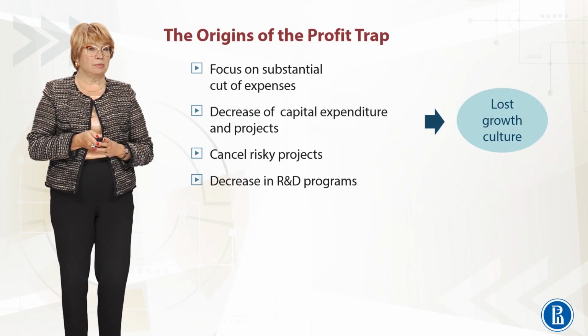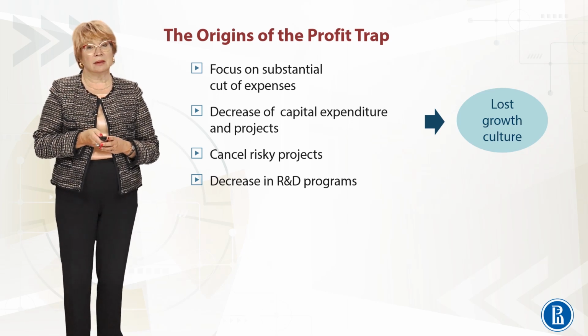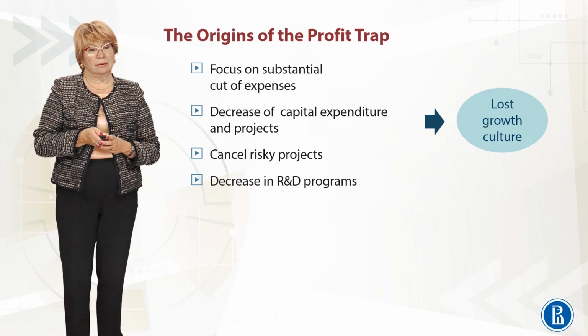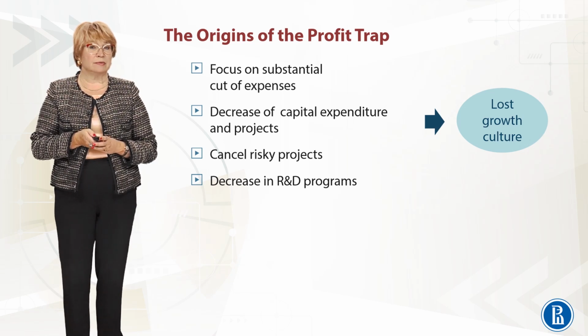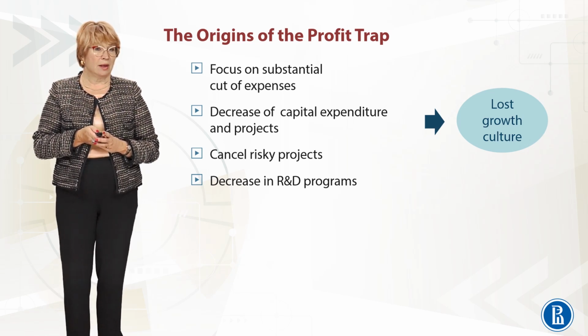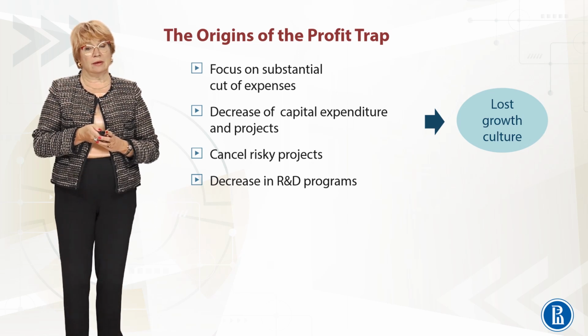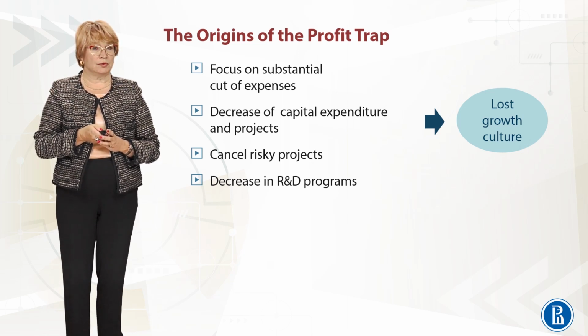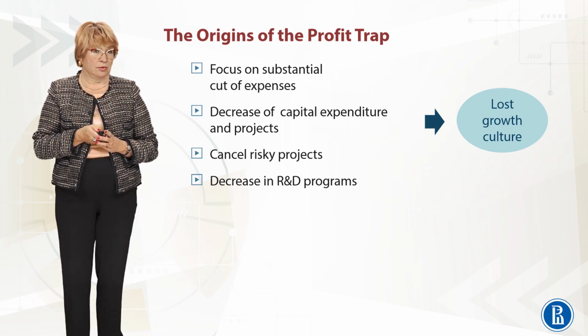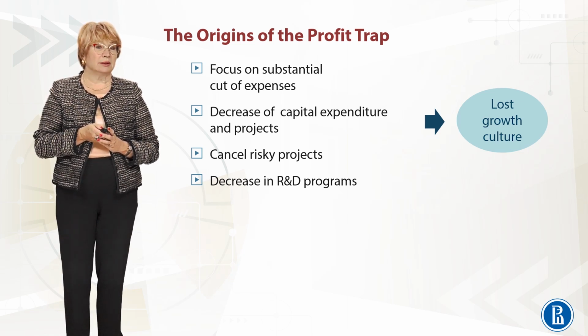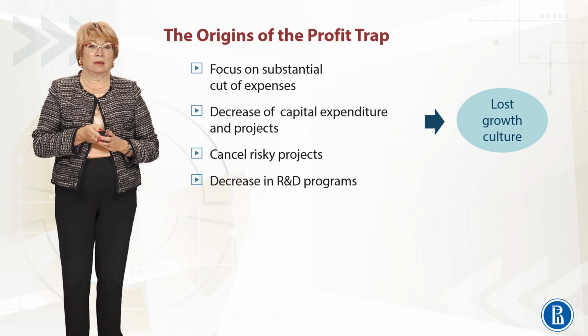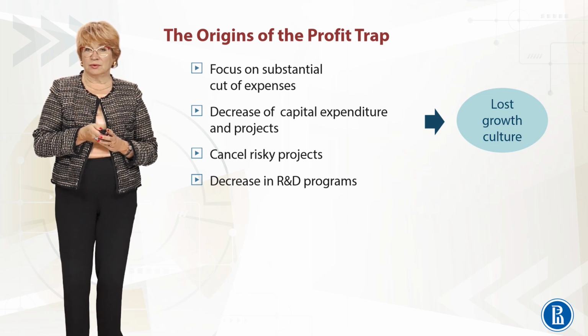The origins of the profit trap could be explained by the so-called lost culture of decisions about growth. Because if you are trying to focus on the rate of growth of your earnings, but not on the rate of growth of your revenues, you need to substantially cut your costs, your expenses.